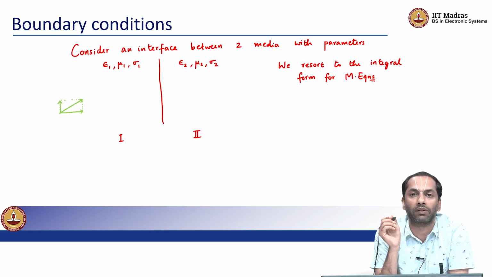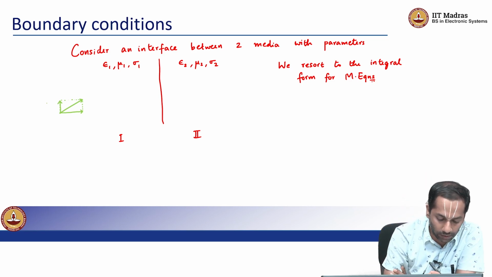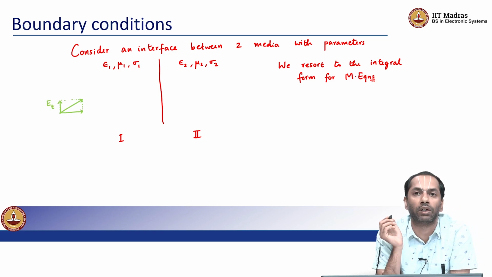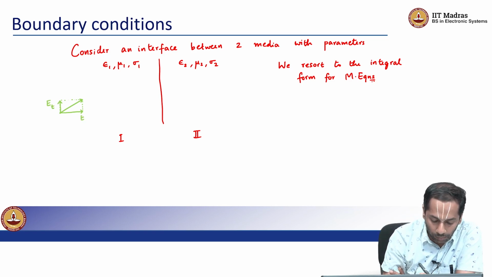So, now the reference for us is the interface, and I can tell whether the vector is perpendicular to the interface or along the interface. These are the two directions I can decompose the vector into. So, we will call these the tangential components E t, and the normal components En.